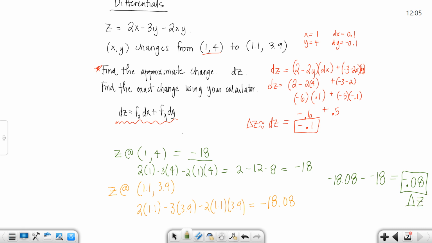So you want to do your second function, or z of 1.1, 3.9 first, minus z of 1, 4. And that gives you a negative 0.08, which is very close to our estimate of negative 0.1. And that's how it will be asked on a test. That's how it looks.